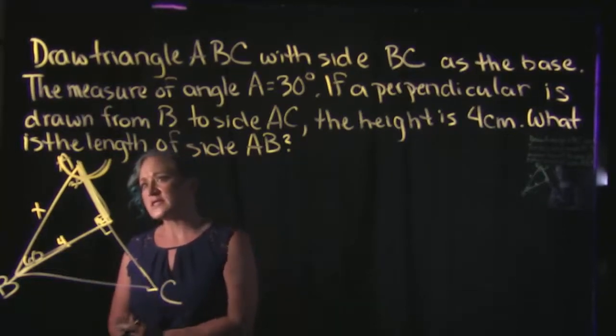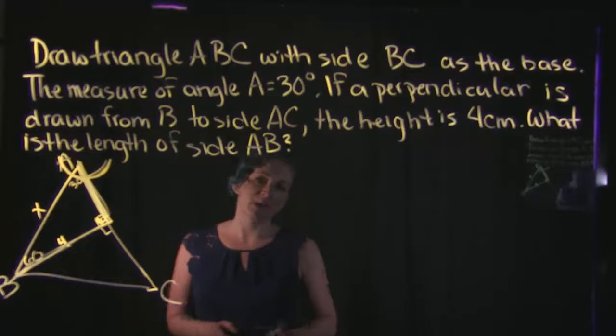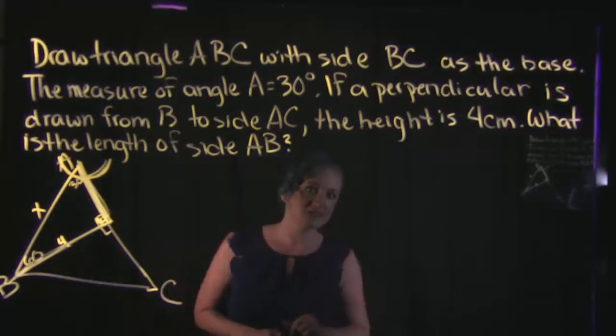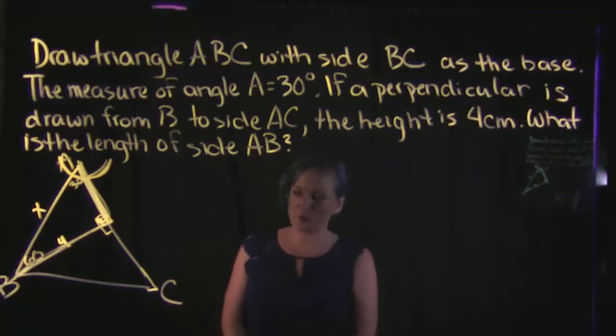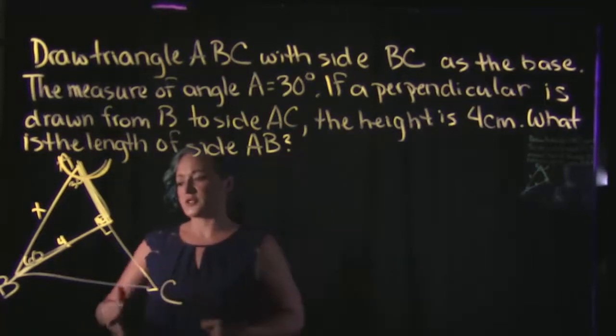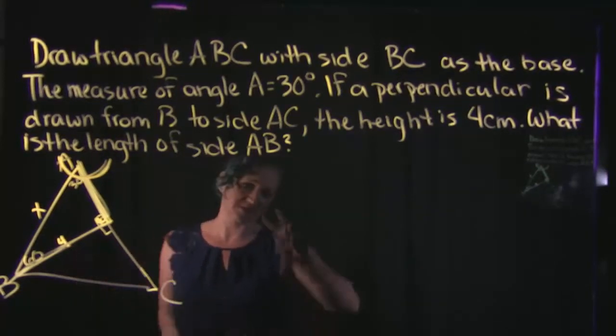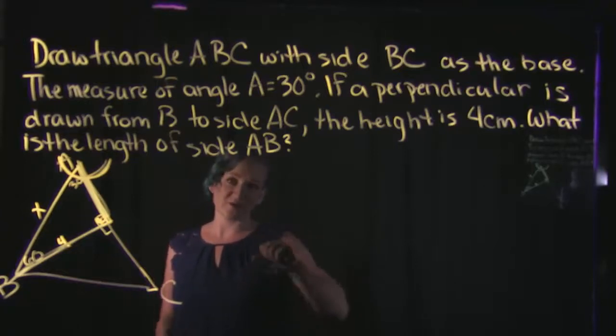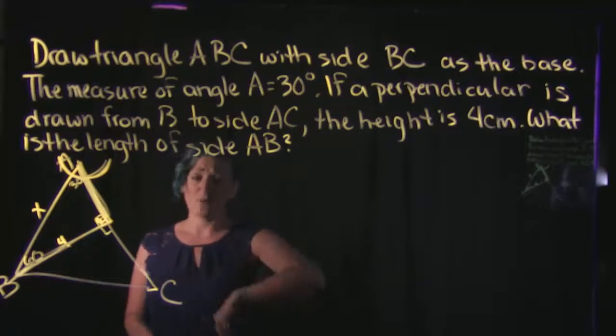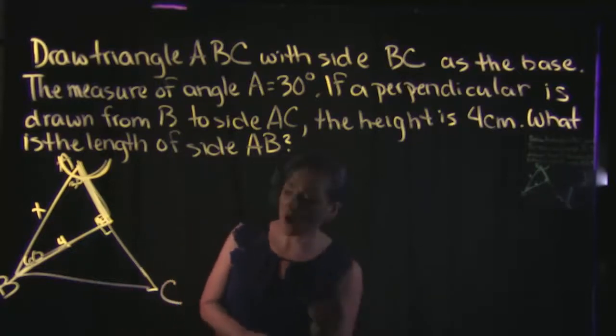If you're using the angle 30 as reference, remember the 2 sides that you want to use along with that angle need to be made up of a piece of information we know and a piece of information we're solving for.